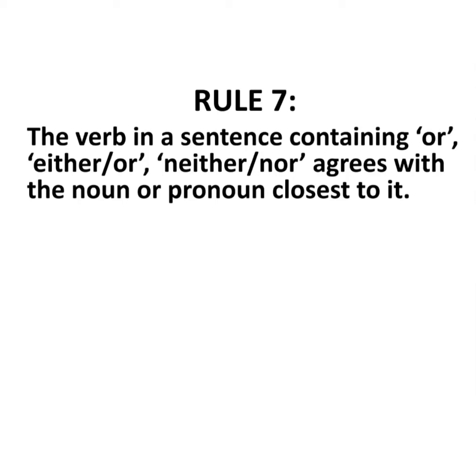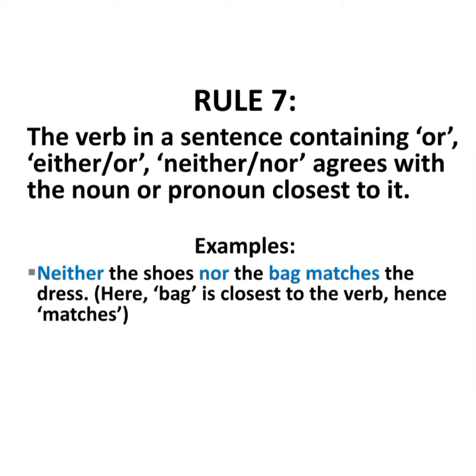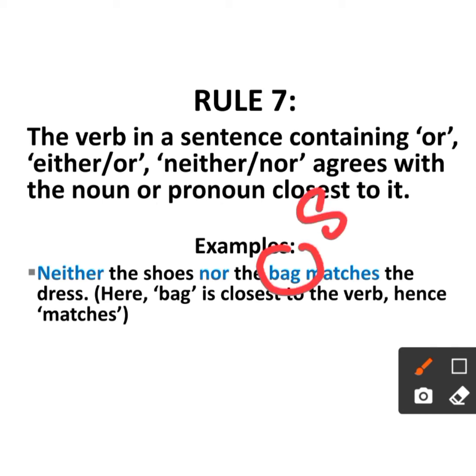So look at the example to make this clearer. Neither the shoes nor the bag matches the dress. So here, which word is closest to the verb? Bag, right? So bag is singular, so it must have singular verb as well.